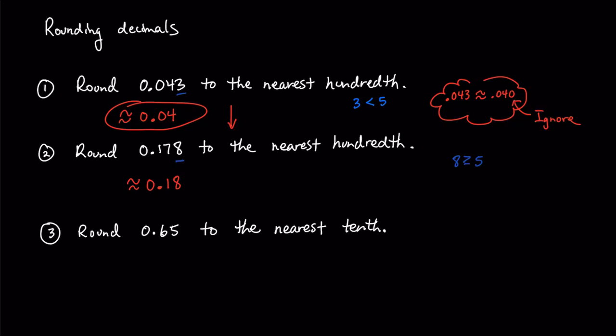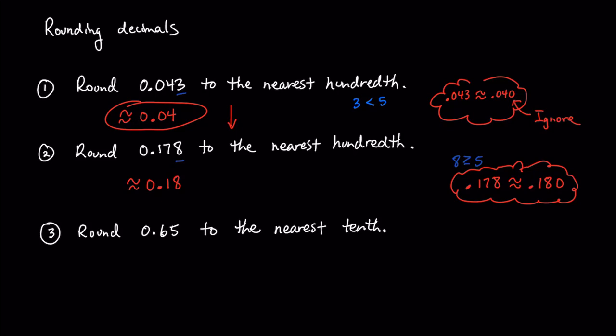Once again, why do we say we round up? Off to the side, I'm going to do some bubble math. This is now rounded up to 180. So if you read this to 3 decimal places, 178 thousandths is rounded up to 180 thousandths.